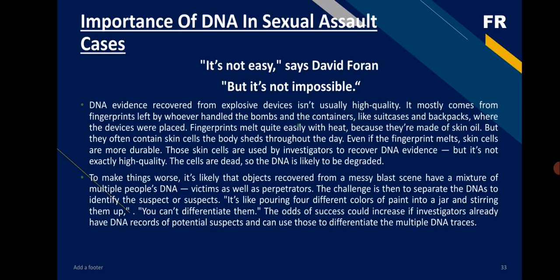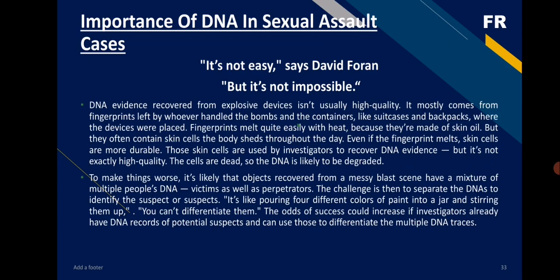It's not easy, says David Foran, but it's not impossible. DNA evidence that is recovered from explosive devices is not usually high quality. It mostly comes from fingerprints left by whoever handled the bombs and the containers, like suitcases and backpacks, where the devices were placed.